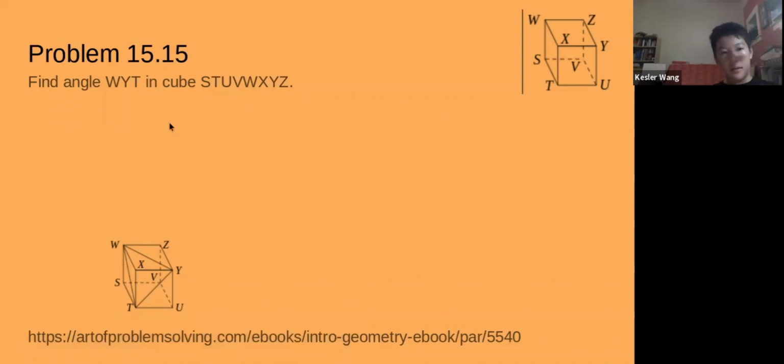So we can first break this problem up into two sections. We can say that angle WY is 45 degrees and YT is 45 degrees.